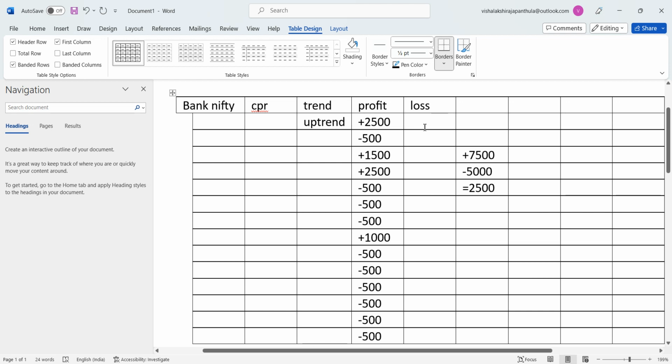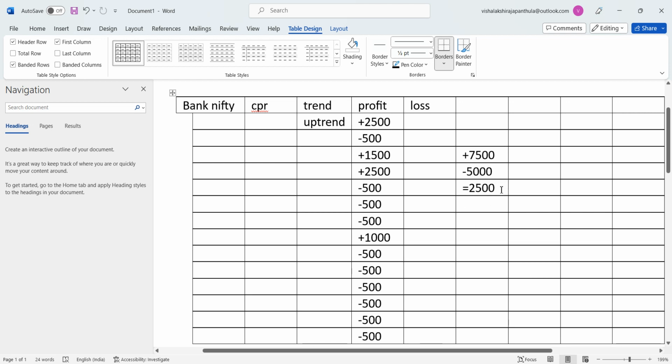This is the place where psychology affects. You are in a view that I'm going to earn some big amounts because on the first day itself I'm having 2500, but by the end of the month you have 2500.